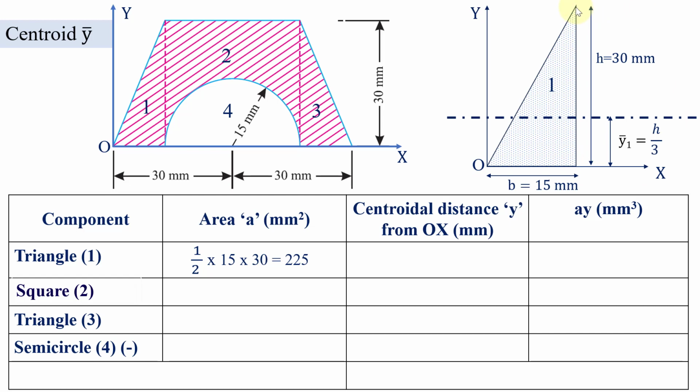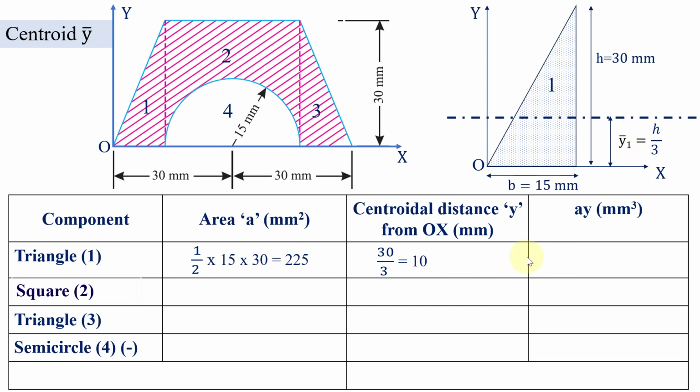If it is calculated from this vertex, then the value will be h minus h by 3. Here the geometry is oriented from the base, so straight away we can take that value as h by 3. h is 30, so 30 divided by 3 is 10 mm. So the centroidal distance of this triangle from the reference axis OX is 10 mm.